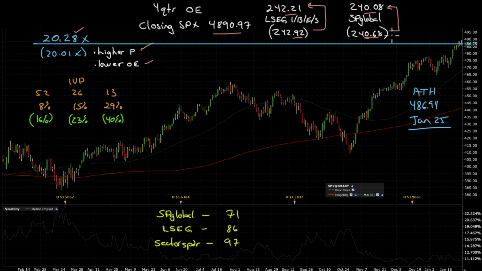There are cheaper markets than the U.S. market. Japan is still a cheaper market. The UK is a cheaper market. Europe's a cheaper market, although their PMIs look absolutely terrible. I think they're all in contraction, both on goods and services.